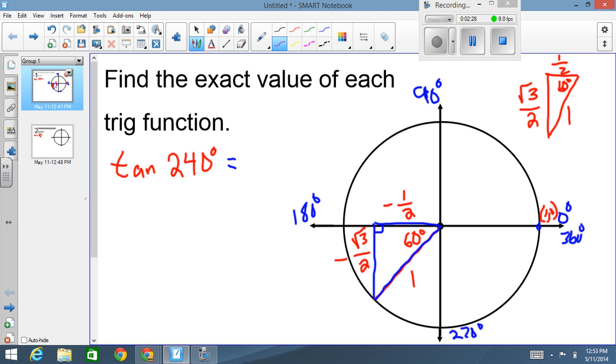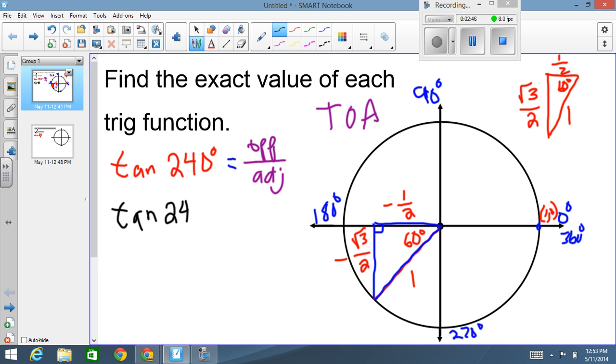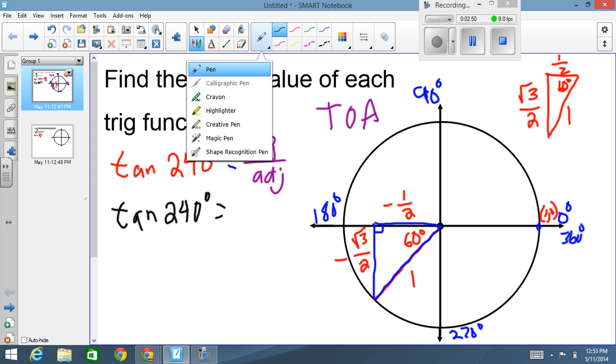So what is tangent? Tangent is always opposite over adjacent. When you think of TOA, T-O-A, tangent's opposite over adjacent. So what I need to do here is figure out which of these things is opposite and which is adjacent. Well, opposite or adjacent of what?